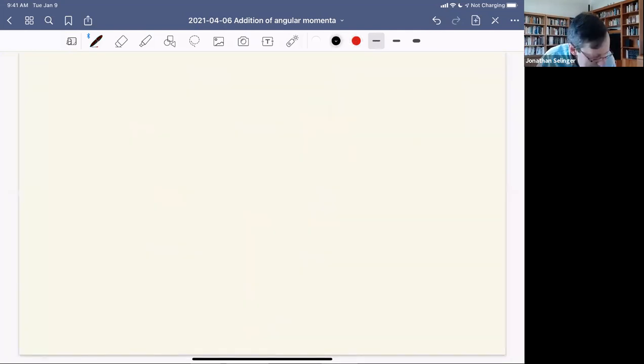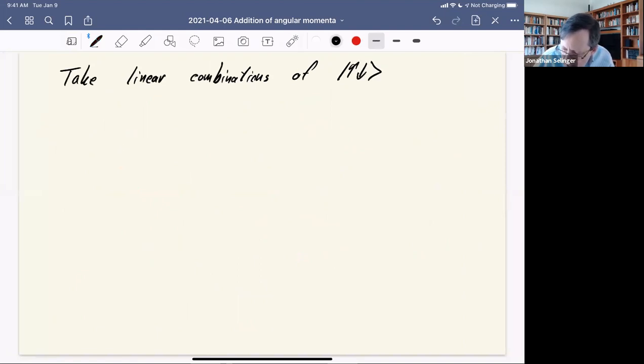So I'm going to take linear combinations of the state up down and the state down up.